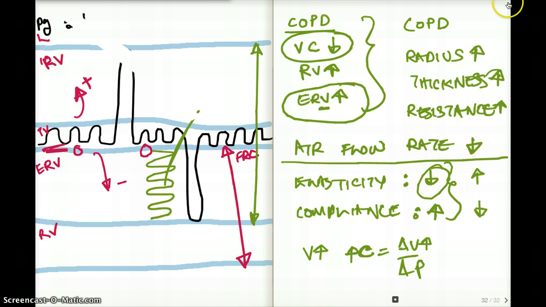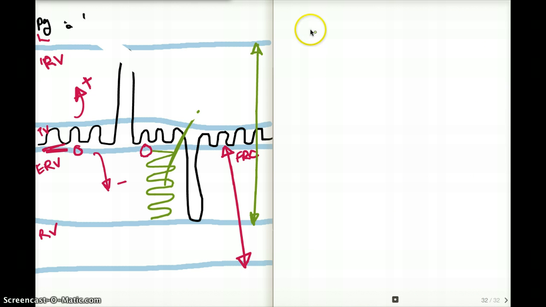Other things that I want to mention about COPD is in a patient with severe COPD. Okay, let's first talk about a normal patient. In a normal patient, what is our respiratory drive? Our respiratory drive is really carbon dioxide in our brain.